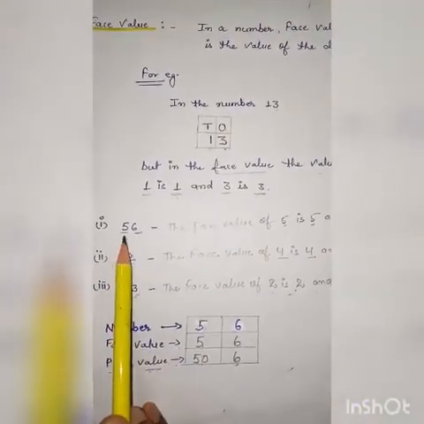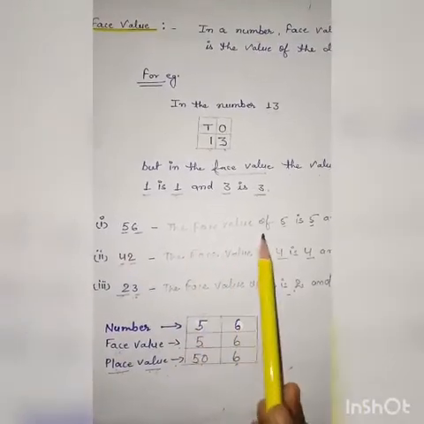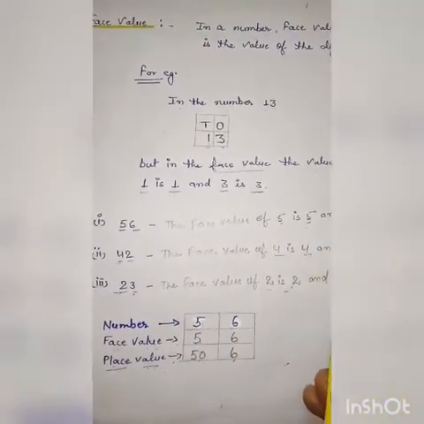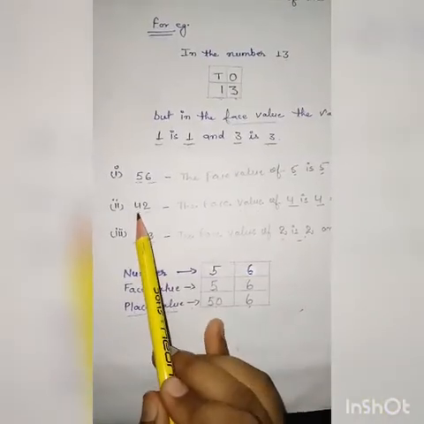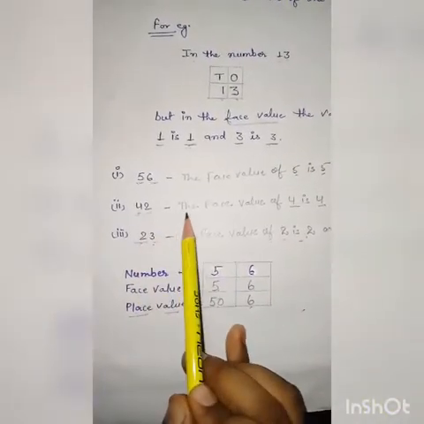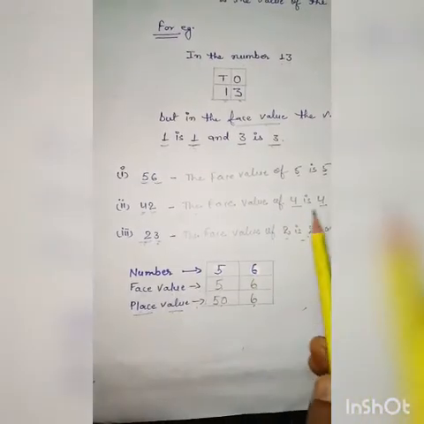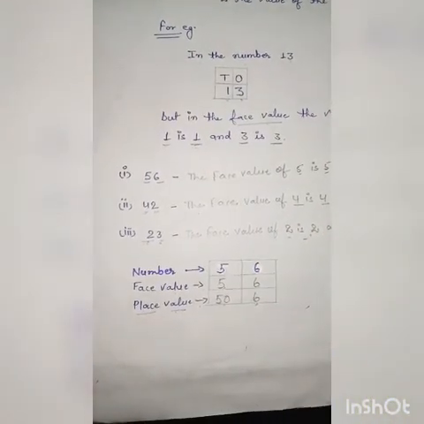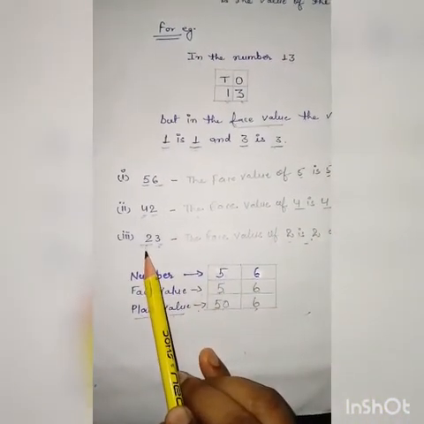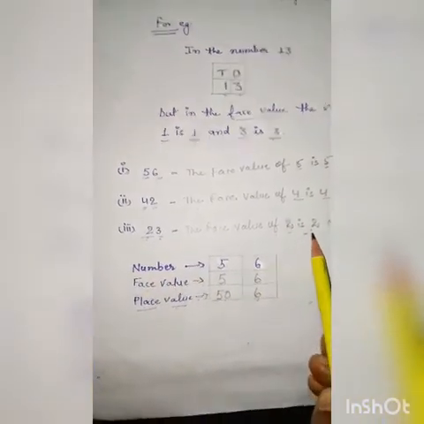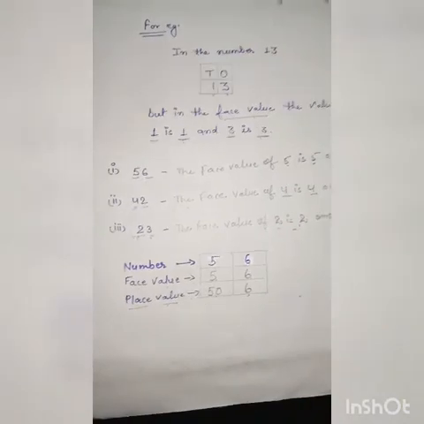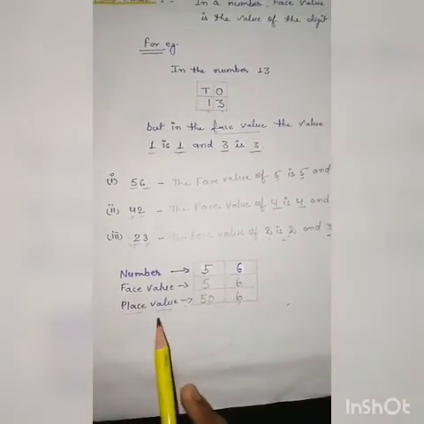In the number 56, the face value of 5 is 5 and 6 is 6. In the number 42, the face value of 4 is 4 and 2 is 2. In the number 23, the face value of 2 is only 2 and 3 is only 3.